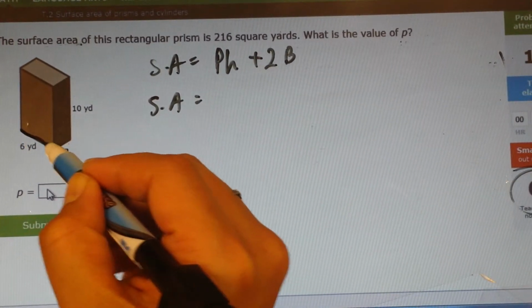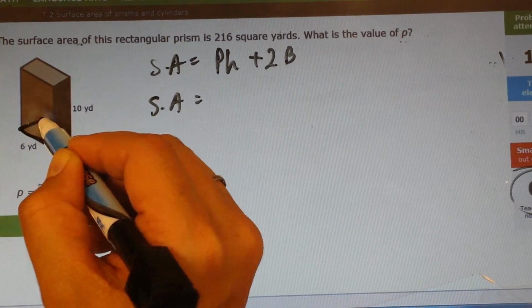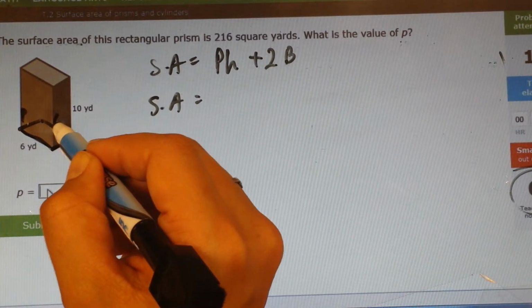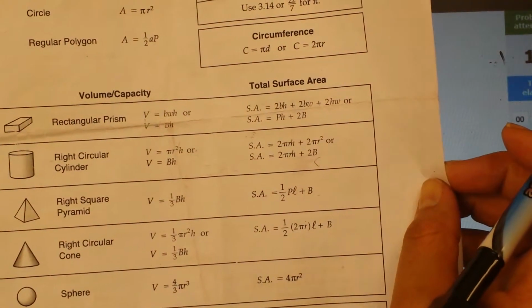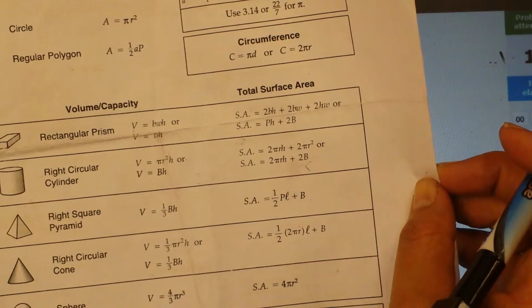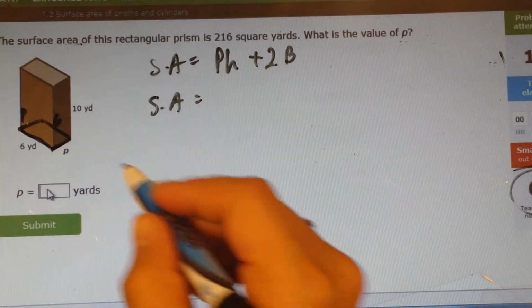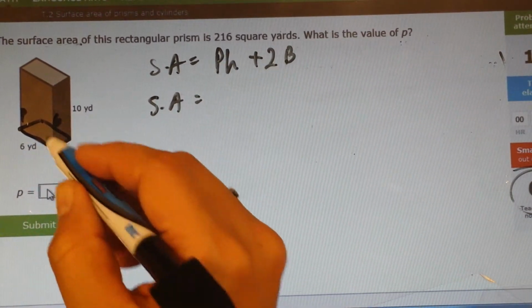Okay, so I'm going to just draw out what I'm doing. Or actually, you can use the top. It's going to be the absolute same thing, whichever one you prefer. So I'll stick to this one since I've already done this one. Capital P, so perimeter is 6 plus 6 is 12.